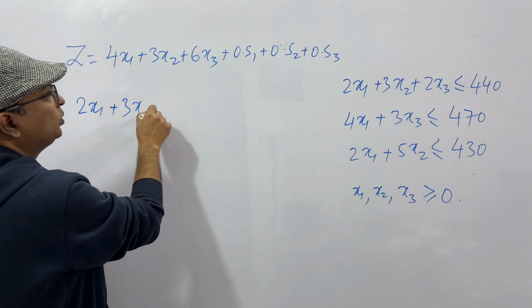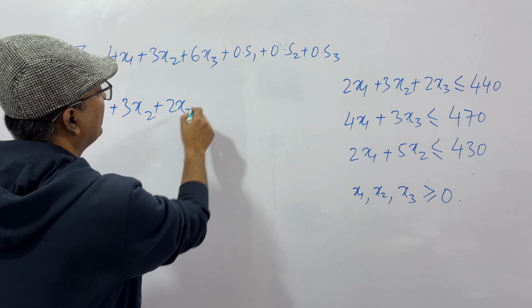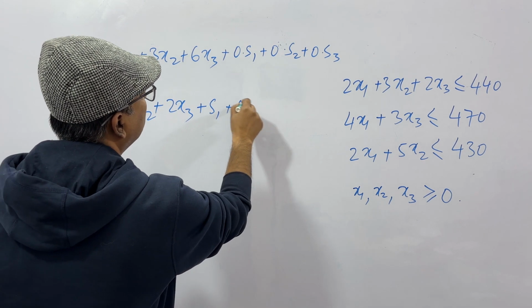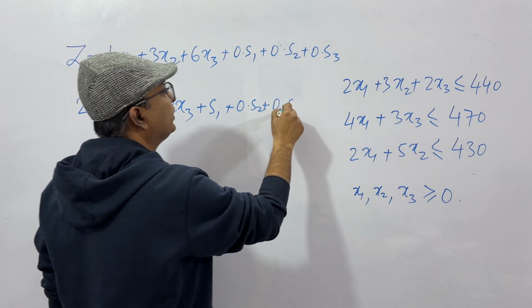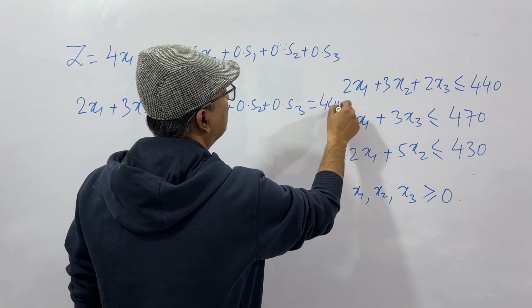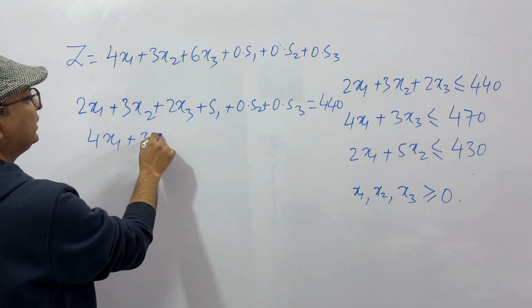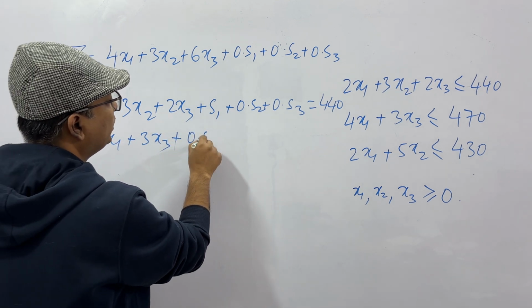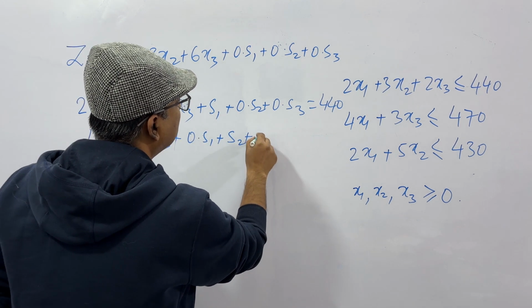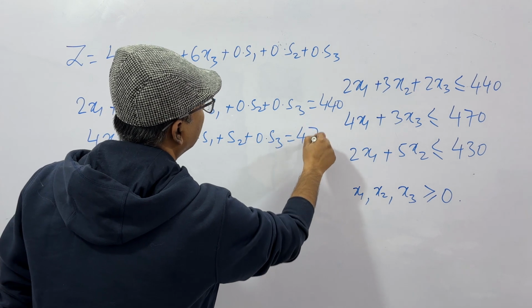Now this function 2x1 plus 3x2 plus 2x3 plus s1, then we can write 0 into s2 plus 0 into s3 is equal to 440. This is first. Second is 4x1 plus 3x3 plus 0 into s1 plus s2 plus 0 into s3 equal to 470.